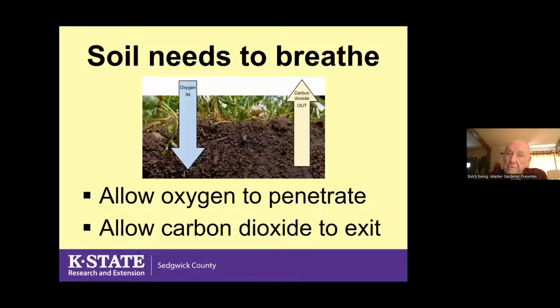It needs to be able to let oxygen enter the soil, and then the organisms that are in the soil are using some of that oxygen, and when they use the oxygen, they give off carbon dioxide. Well, that carbon dioxide needs to be able to exit the soil. So that breathing process is really important for our healthy soil.